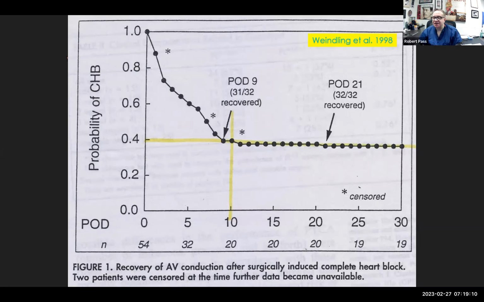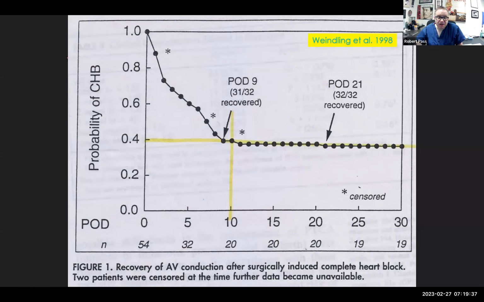And the graph that they created based on thousands of patients is virtually identical to this original paper, which only had like 55 patients in it. But the bottom line is this is where we first came up with the notion that 9 days was about right. After 9 days, it was a very unusual, like a 1 in 32 chance that it was going to recover beyond that. So that's exactly right.